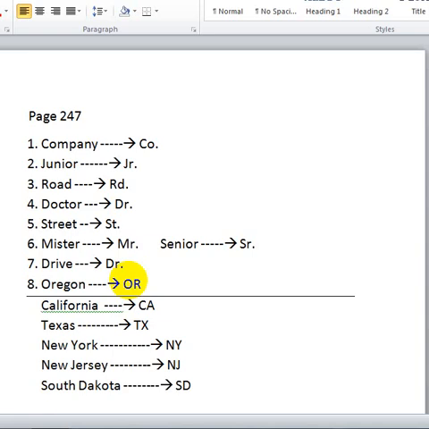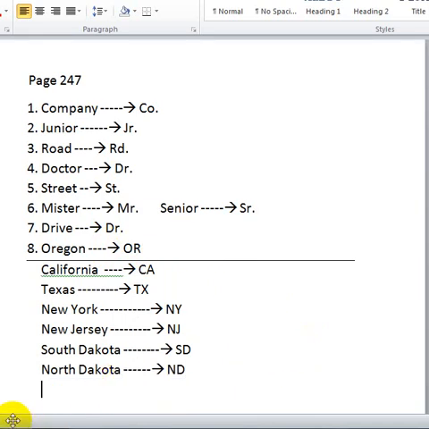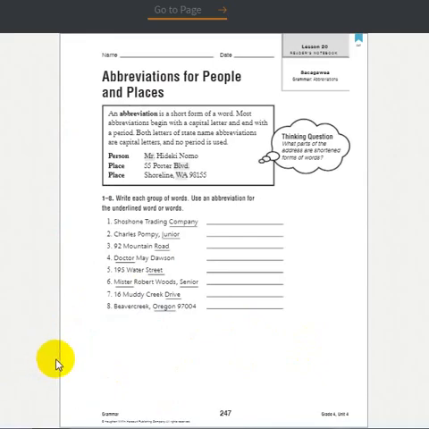Let's try North Dakota. North Dakota. It's going to be ND. You get how it works? Alrighty. Great job, guys. So let's move on to our next page. That was page 247. Let's keep on going.